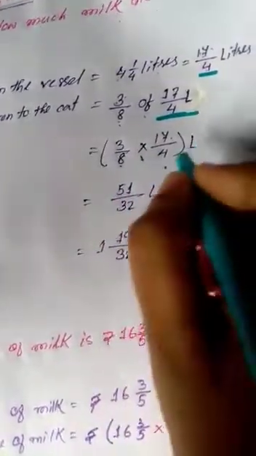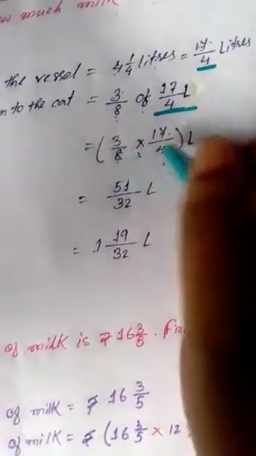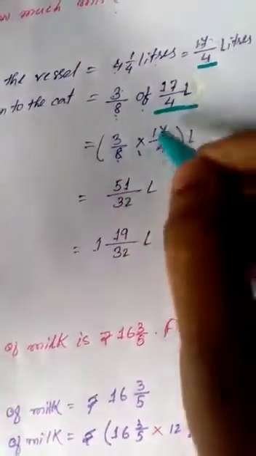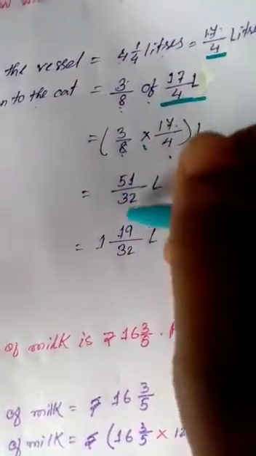See, it means 8 into 4 is multiplying, so 8 into 4 is 32, and 17 into 3 is 51, so 51 by 32.